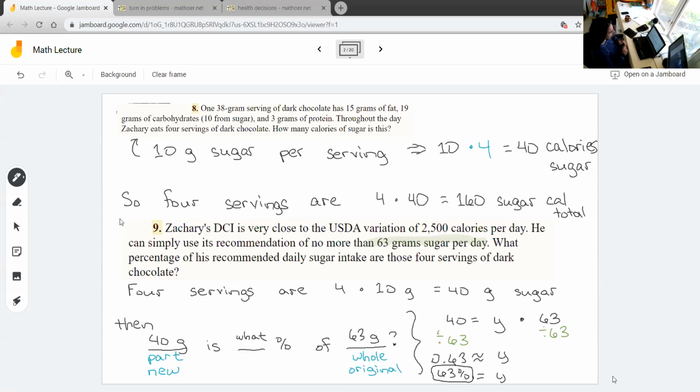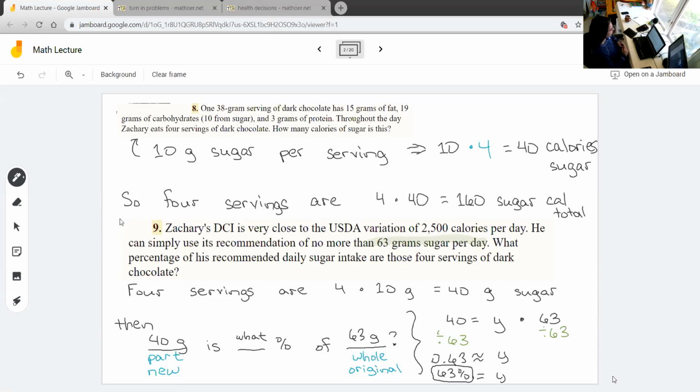So it just so happens that 63 grams per day and the 63% of the answer are both 63s, but that's just a coincidence. It makes you think, though. Yeah, I could always change how much sugar is in the chocolate so it doesn't come out so nice.